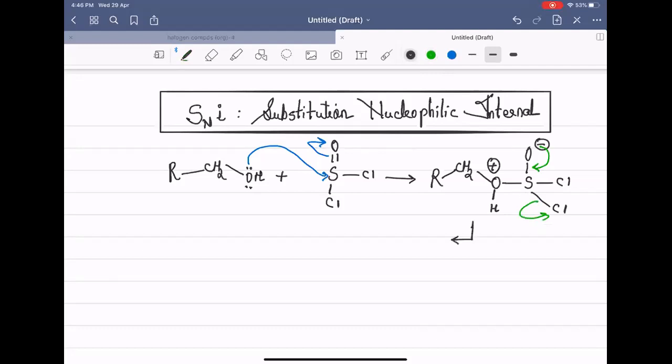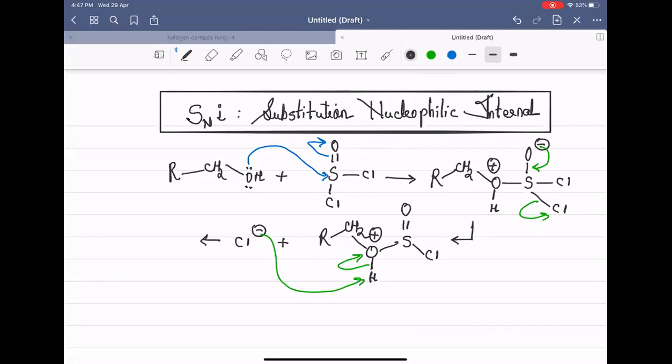So you find that there is R CH2 OH plus, and then you have RS double bond O and Cl, and plus Cl minus, the one which moves out.